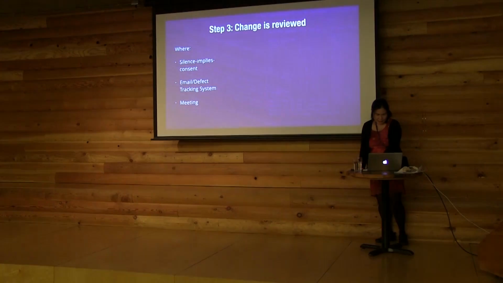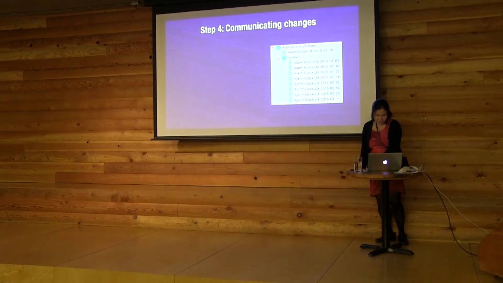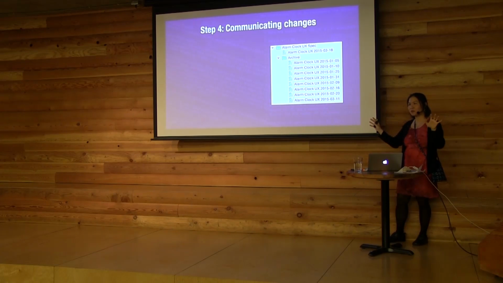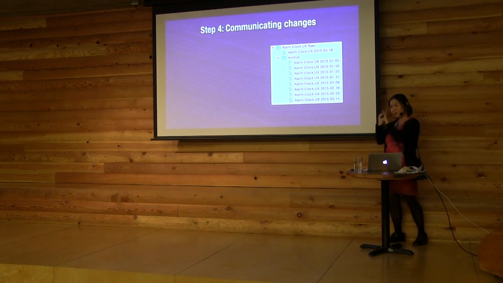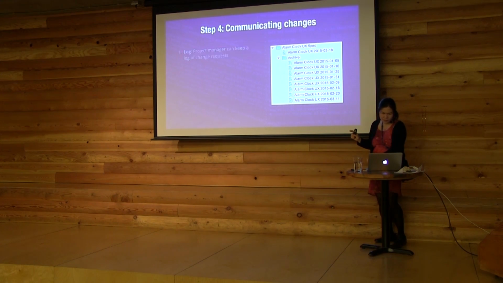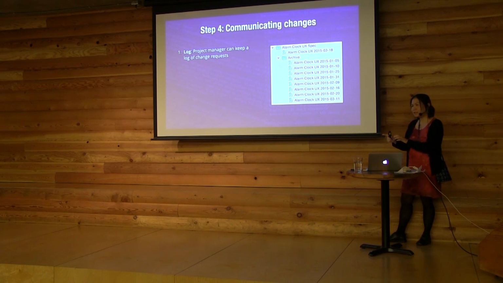Okay, so where are we? Communicating change. I've not touched the official spec at this point. The official spec is still what people remembered from last time. Once I've got the go-ahead to make the change, I'm going to make a copy of my official spec and update the version number of the copy, or use version control.